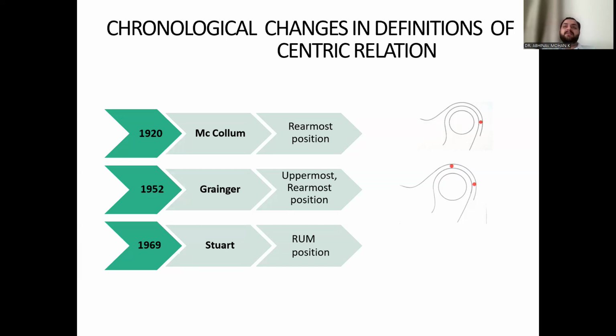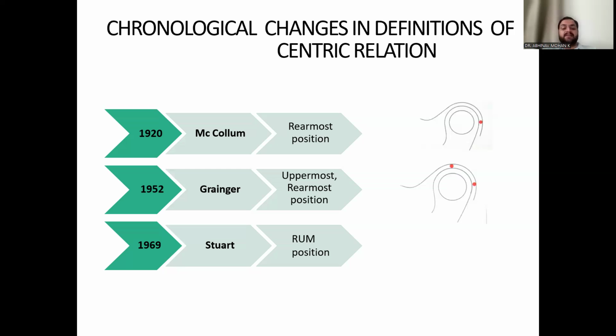Now, there has been a lot of study and research undertaken by various researchers and scientists to find out the exact functional anatomy of this temporomandibular joint. To start with, in 1920, McCollum described centric relation as the rearmost position of the condyle in the articular fossa.